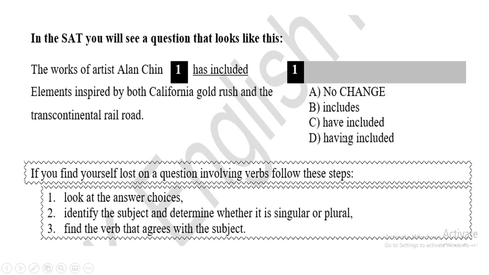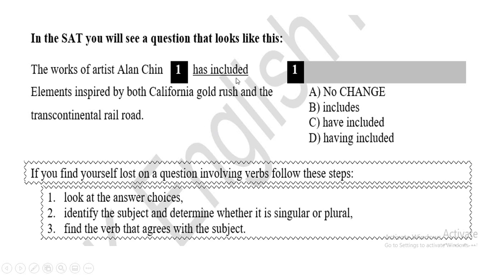When I look at the choices here, just from going through them, I can tell that it's either a question tackling subject-verb agreement or tense and form. So let's look at the question. Number 1, has included.